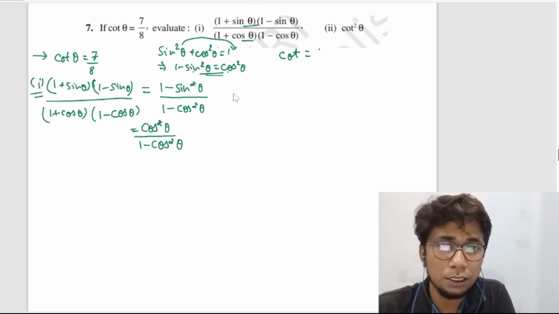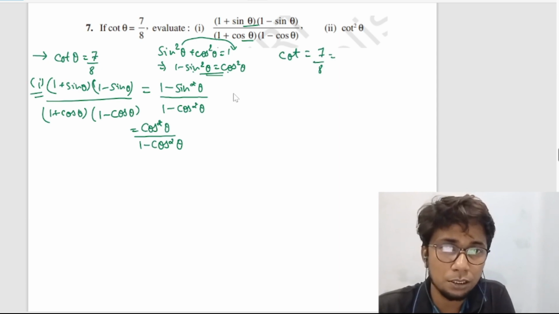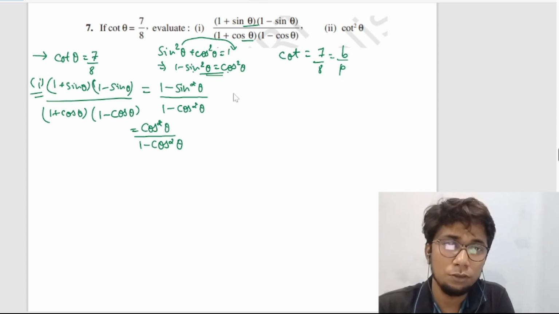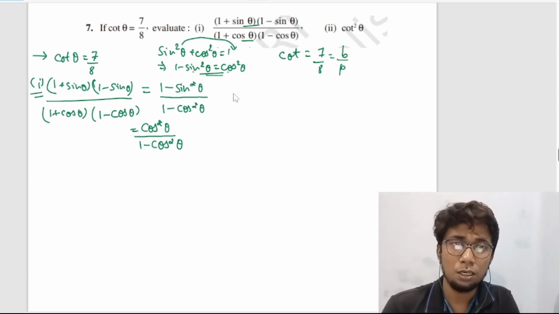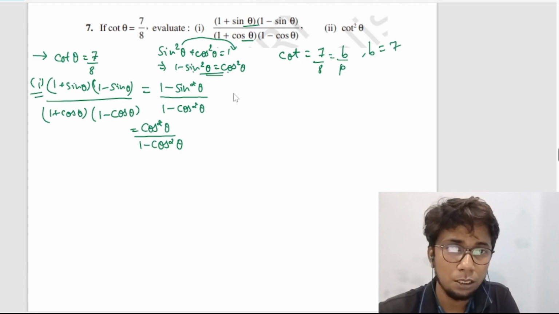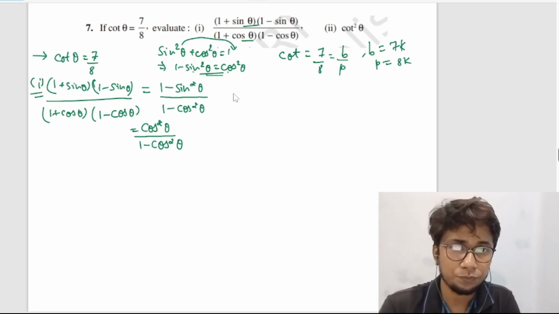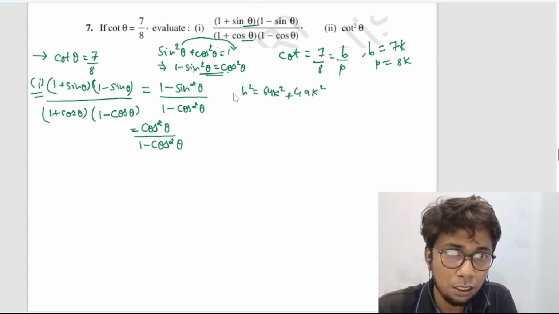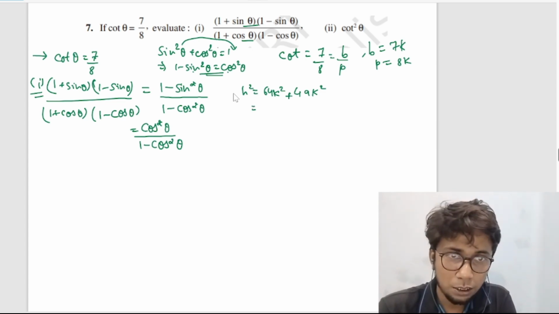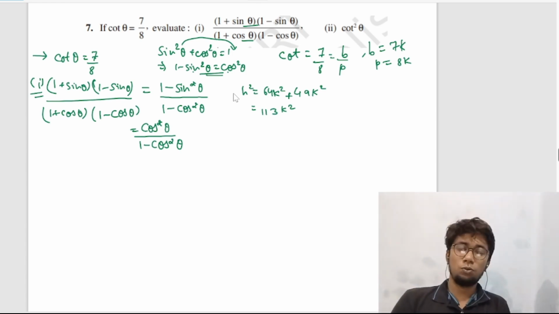Now cot theta is given. Cot theta is 7/8, and this is nothing but equal to base upon perpendicular. We'll use the Pythagoras theorem. H square is P square plus B square. We will let B be 7k and P be 8k. H square is nothing but 64k square plus 49k square, which is 113k square.